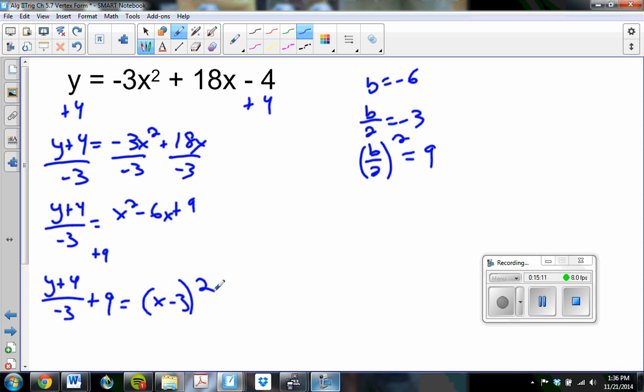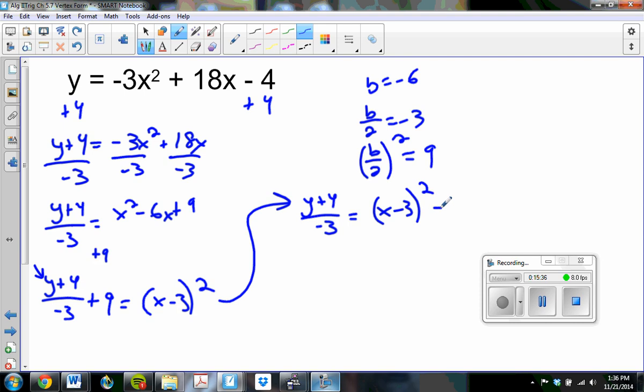Now here's where some weird stuff kind of, it's not really weird, but it's new, it's different. Now my goal is to get this y back by itself. So I'm going to undo all the stuff I just did. So I start by subtracting a 9 from both sides. (y plus 4) over negative 3 equals (x minus 3) squared minus 9. Then I'll multiply everything by negative 3.